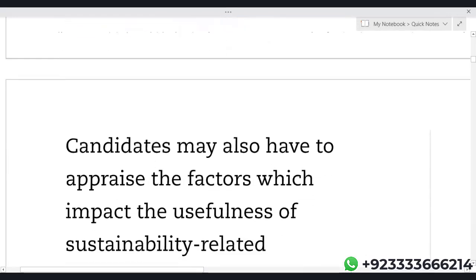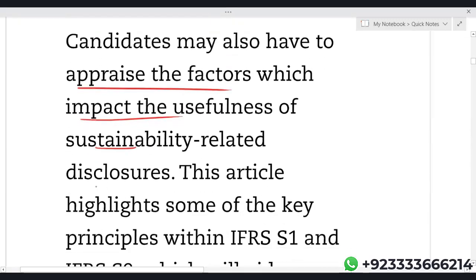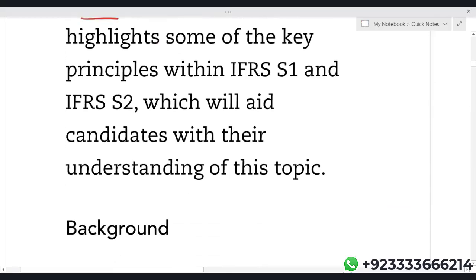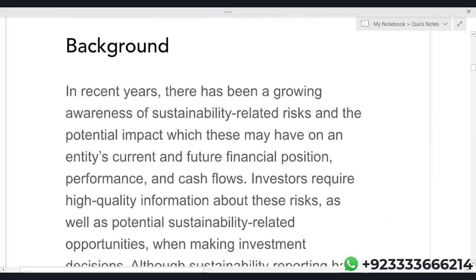Okay, candidates may also have to appraise the factors which impact the usefulness of sustainability related disclosures. This article highlights some of the key principles within S1, S2. Let's see, background.